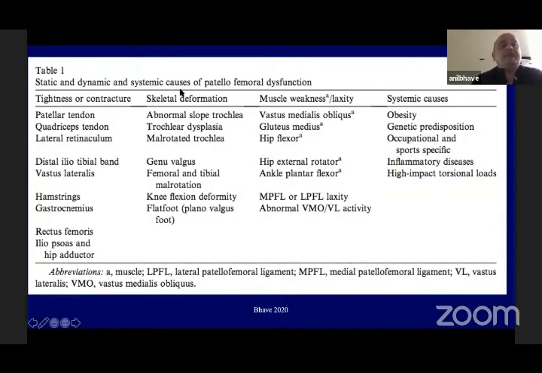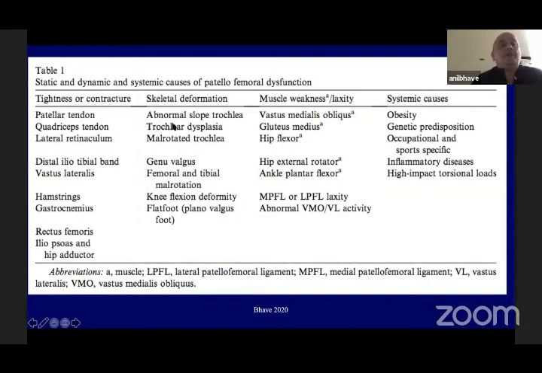So, the skeletal defects and the tightness or contractures are important. Patellar tendon tightness, quadriceps tendon tightness, lateral retinaculum tightness: you can measure or assess all of these. IT band tightness, hamstring and gastrocnemius tightness, rectus femoris, iliopsoas, and adductor tightness. You have to rule out these tightnesses or contractures.